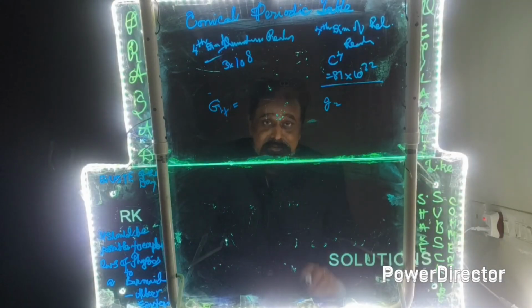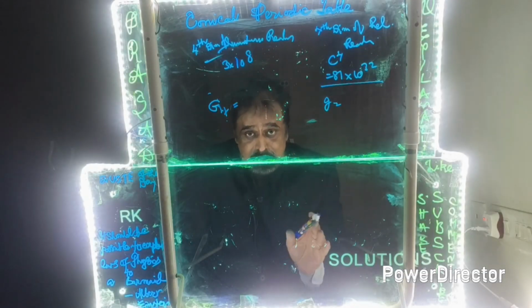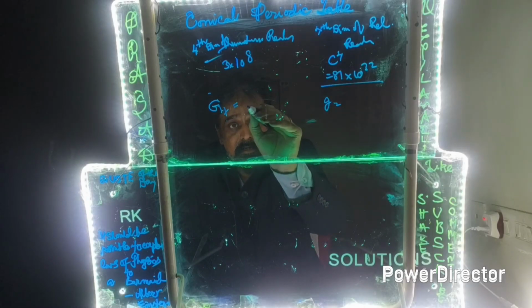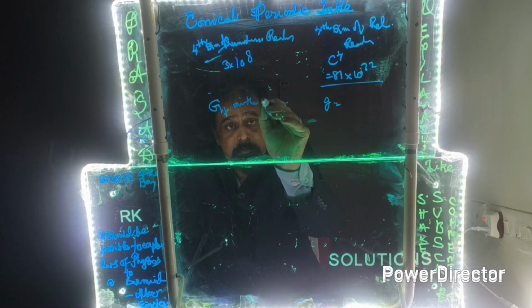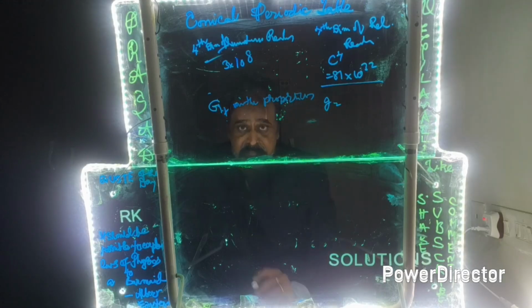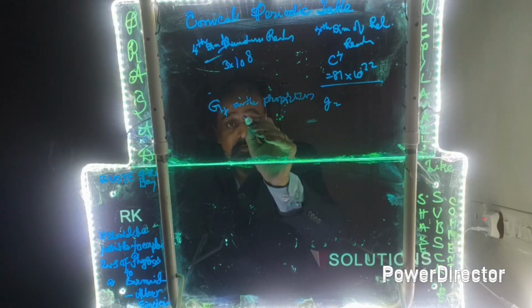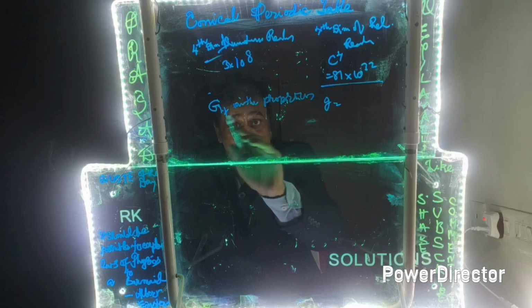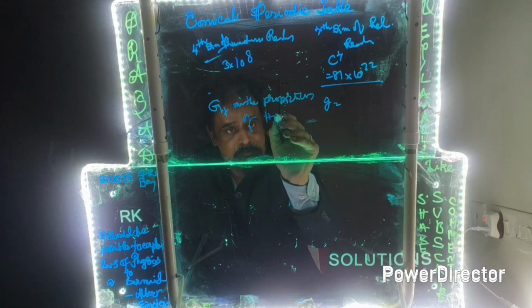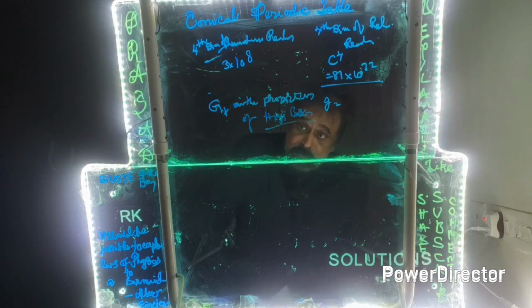GT, let us say, is a minuscule particle, in the proportions of the Higgs boson or other bosons.